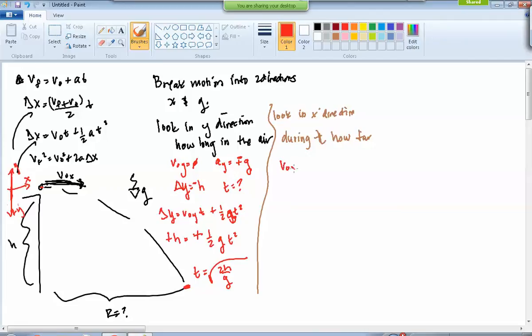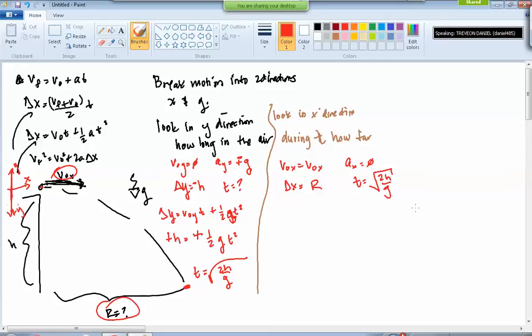V naught x equals V naught x, whatever it is. Your acceleration in the x direction is 0. Your delta x is equal to r, and that's what we're looking for, right? Your time is equal to the square root of 2h over g. And your v final, you don't know, don't care. So I've got delta x equals v naught x t plus 1/2 at squared.